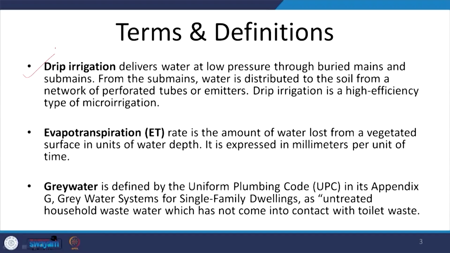The first one is drip irrigation. Many of you would be familiar with it. In drip irrigation, we have supply pipelines, small thin pipelines which are also perforated, buried in the earth, not too deep, but right beneath the surface.